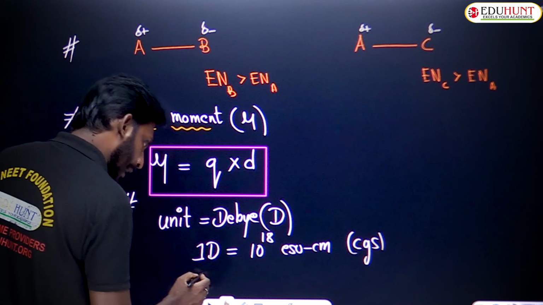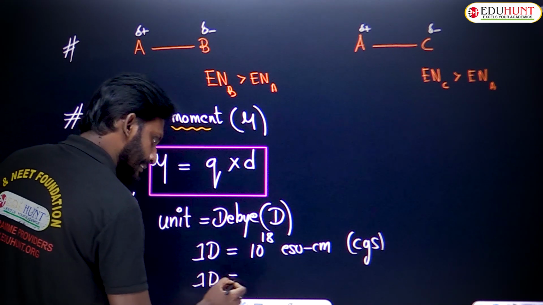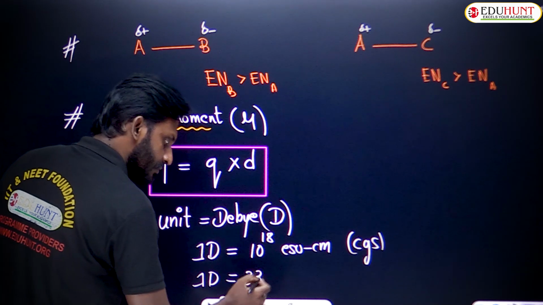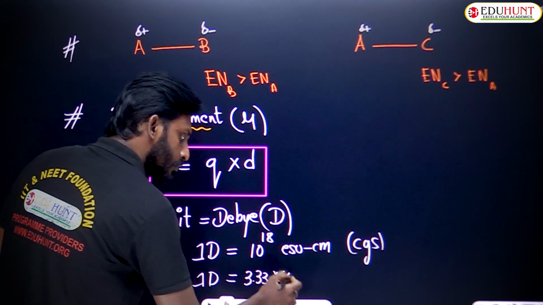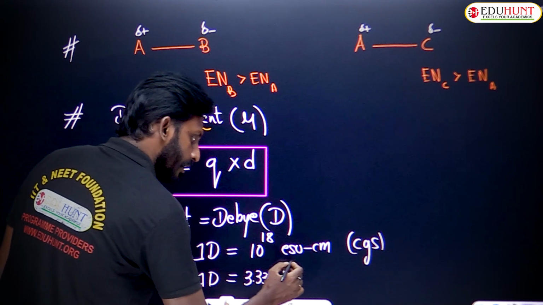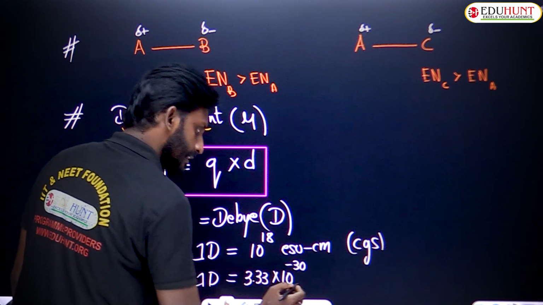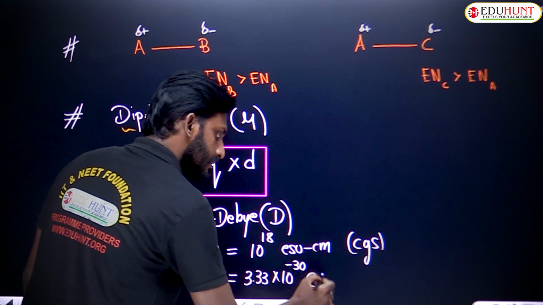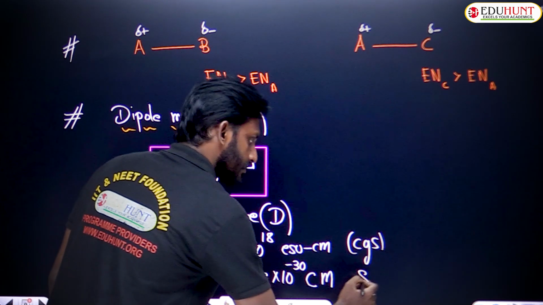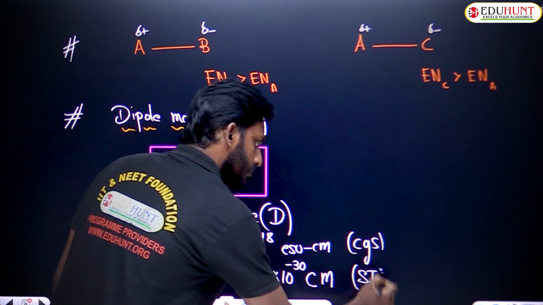Now the same 1 debye in the SI system is equal to 3.33 into 10 to the power of minus 30 coulomb meters. I hope you understood this one.